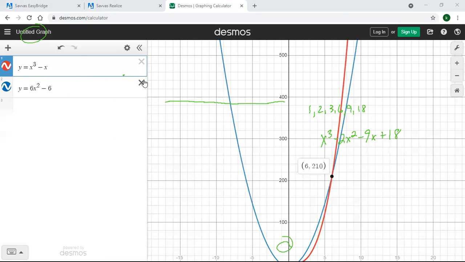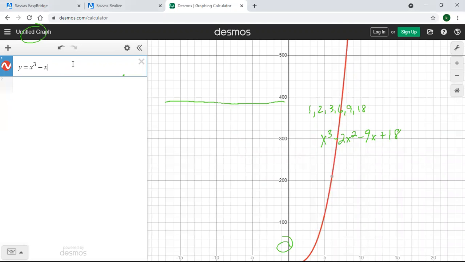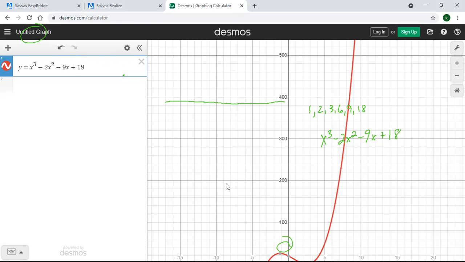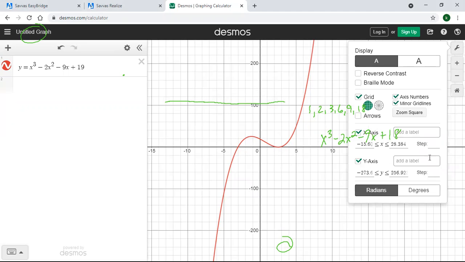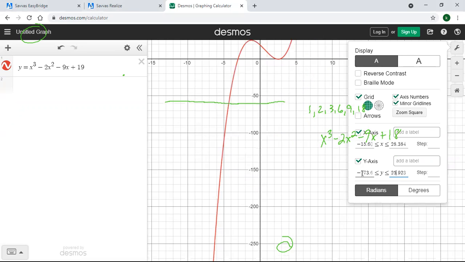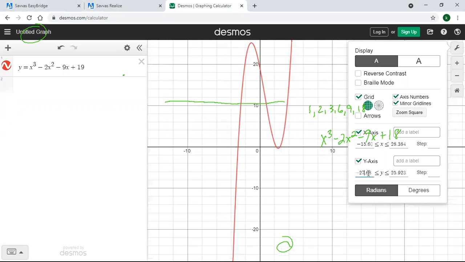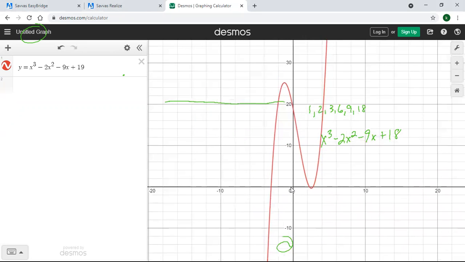So let me clear this out. Let's go in here and put that equation in. X cubed minus 2x squared minus 9x plus 18. And if we look at that graph, let's get this back to a normal screen here, something that's not quite so spread out.